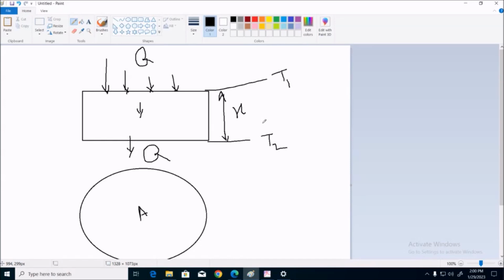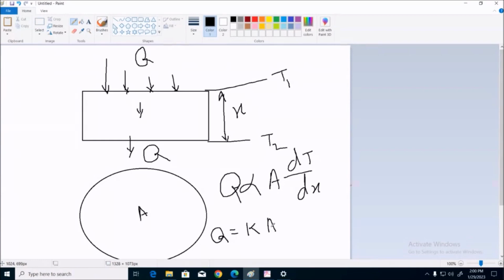Then Fourier's law states that Q, the heat transfer through this metal rod, is proportional to the flow area and the temperature gradient dT by dx, the change in temperature with respect to the distance x. If you remove the proportionality sign, it is Q equals K A dT by dx.